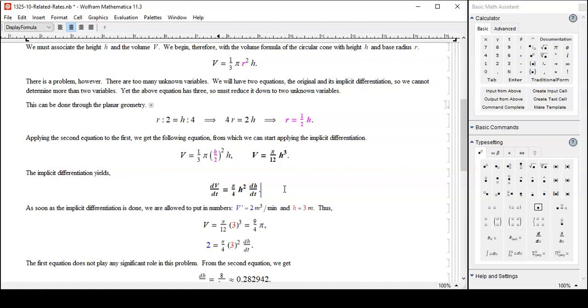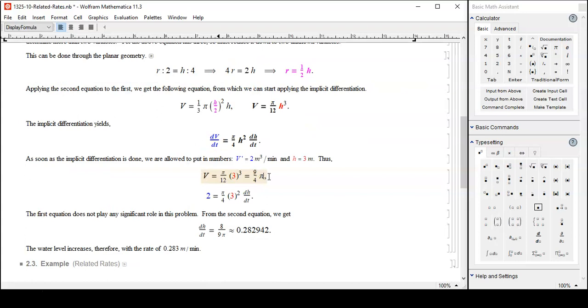2 equations, and we need 2 unknown variables. Yeah, v prime is 2, okay, that's 2. And then h is 3, so that's 3. So plugging in, v is 9/4 pi, and of course the problem did not ask you that, but you could have answered it. And then from the second equation, you get the relationship between dh dt and dv dt, h prime and v prime.